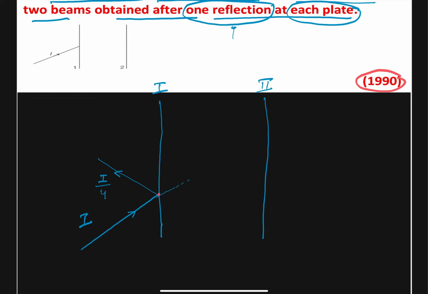So this will be 3/4 going forward, and it is going to strike somewhere here. So this will be 3/4 times I, and here also 25% is reflected back and only the rest is forward. So let us suppose it reflects somewhere here.